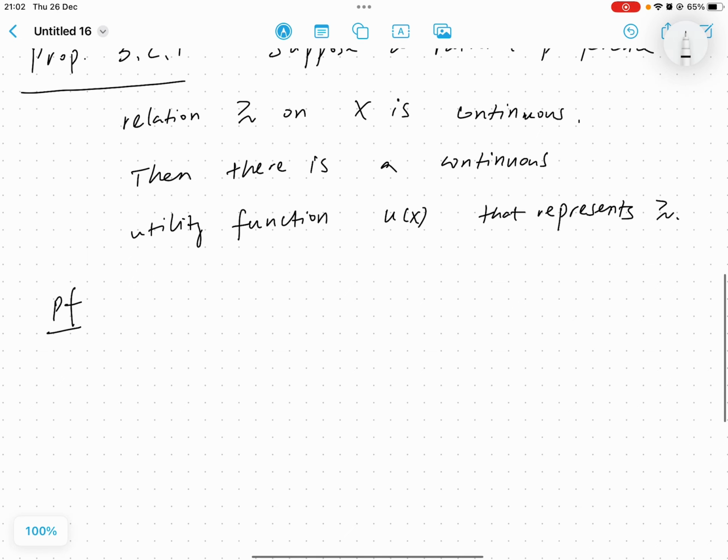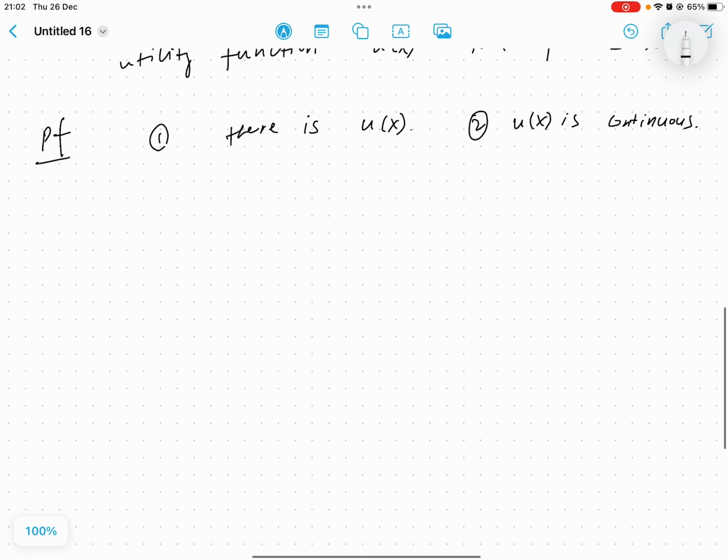So the proof: the first part would be to show that there is this utility function, and the second part will be to show that this utility function is continuous. So basically there are two steps. Now let's try to establish the first result, that there exists some utility function to represent this preference relation.